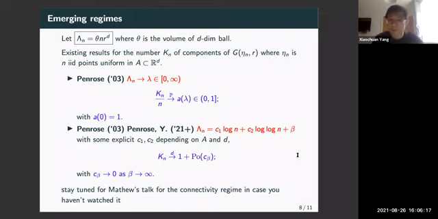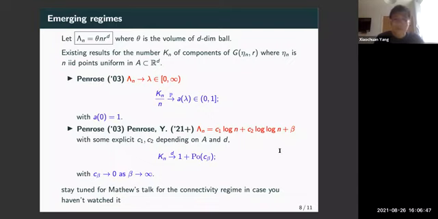In this regime, eventually the number of components is of constant order. Sometimes this regime is referred to as the connectivity regime. If you are more interested in this regime, then you are invited to watch Matthew's talk about connectivity and coverage in stochastic geometry.